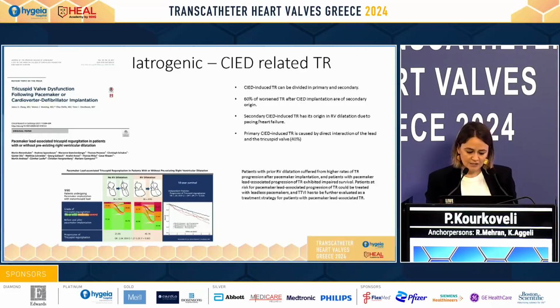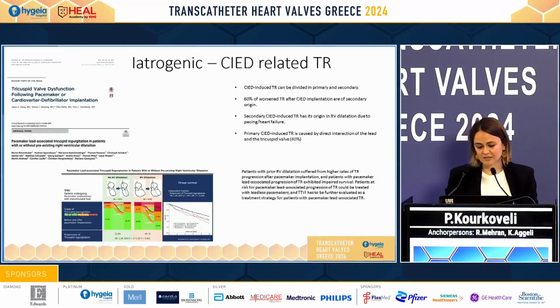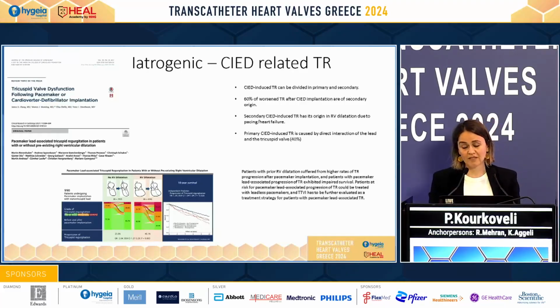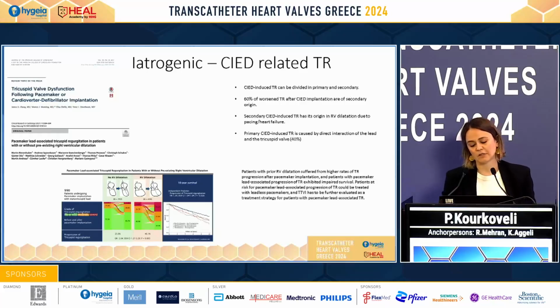So just keep in consideration, when you have patients with tricuspid regurgitation and RV dilatation who are going to have a lead implantation, either for a pacemaker or a defibrillator, that we might need to think about whether we can go leadless, if possible, in these patients.